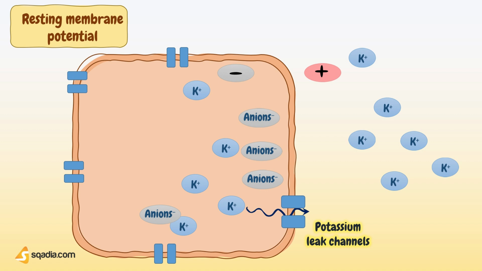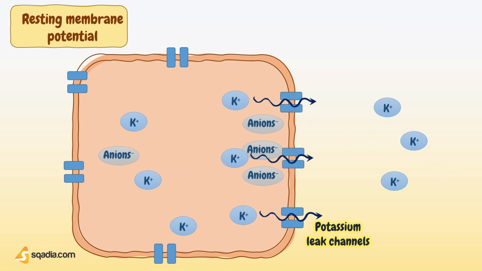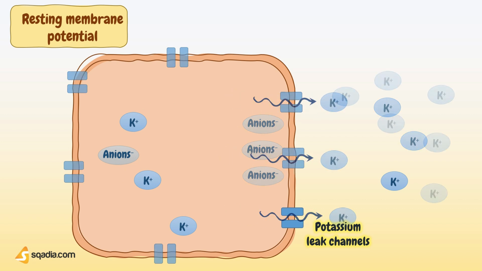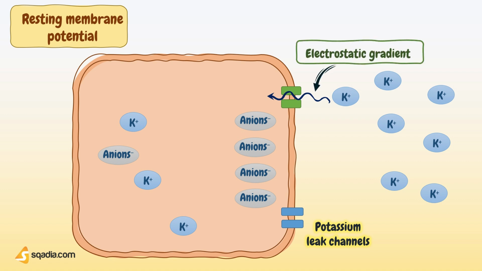This movement of potassium across the membrane is according to its concentration gradient. With time, when more potassium moves out and more negative ions build up inside the cell, this negative potential starts to attract the positively charged potassium ions back again inside the cell. Now this movement is due to the electrostatic gradient.